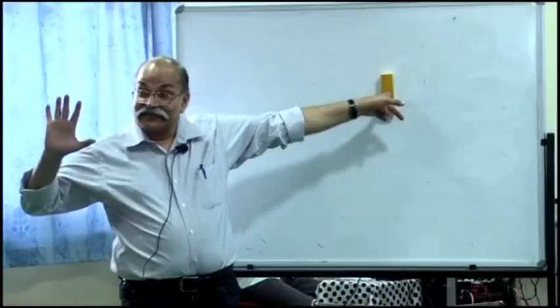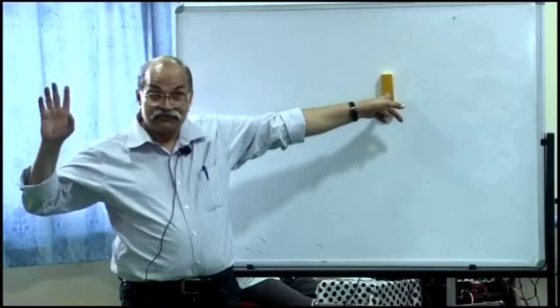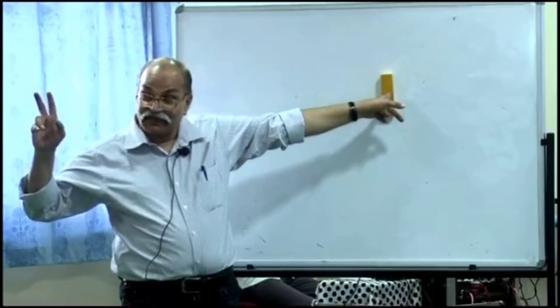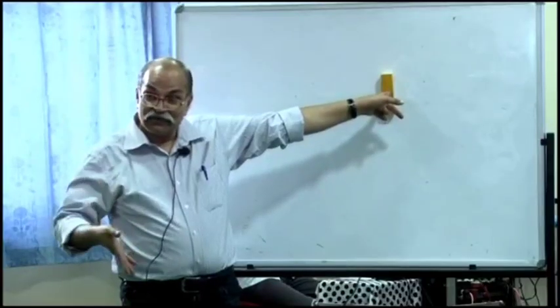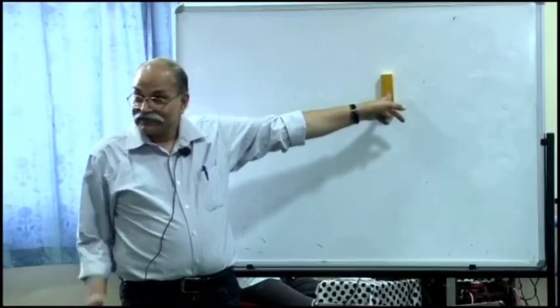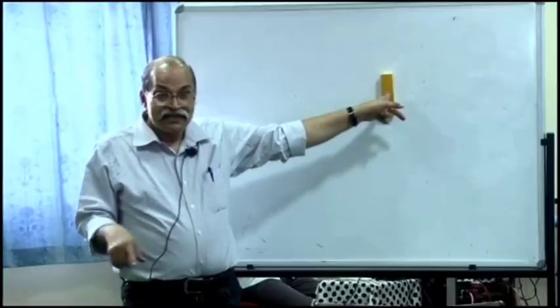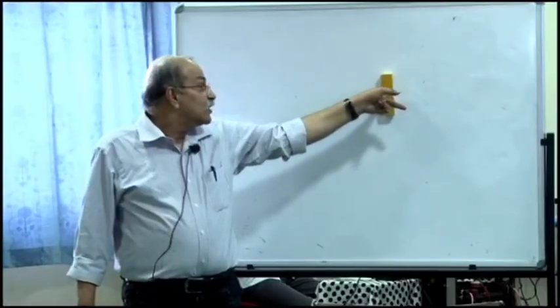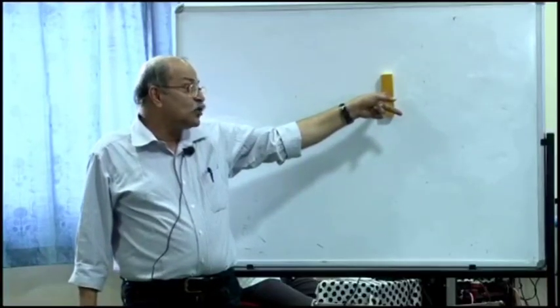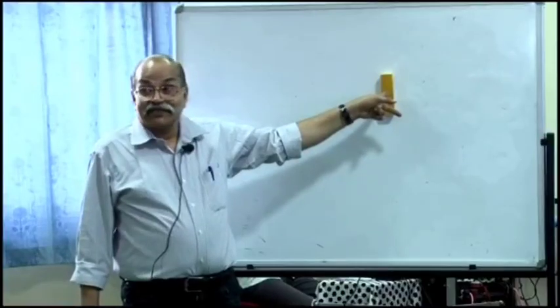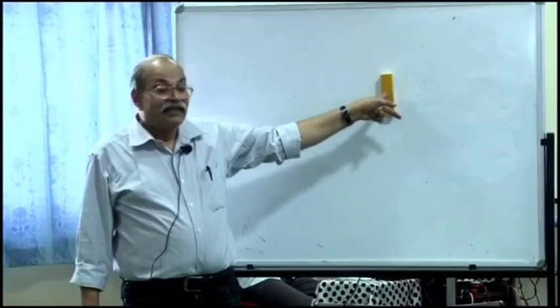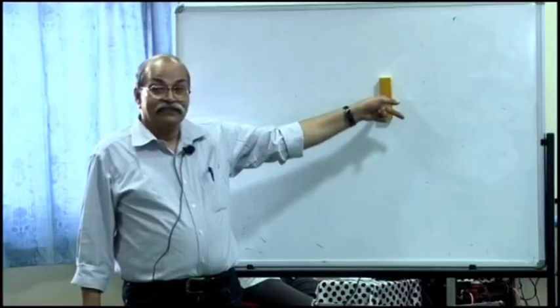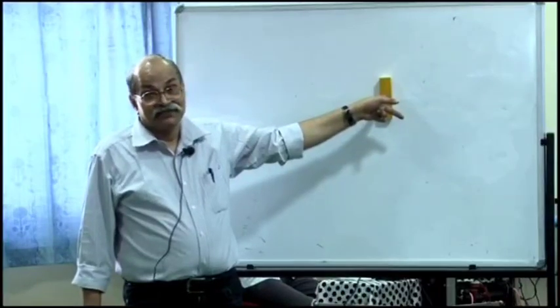Now only look at the duster. I am not concerned what happens to my finger, what happens to the board, what happens to the earth. Duster is the rigid body I am talking of. Now you have to see how it is in translational equilibrium and how it is in rotational equilibrium.